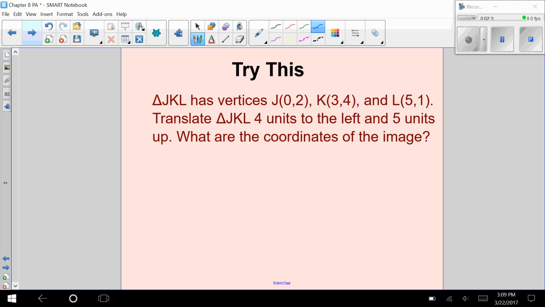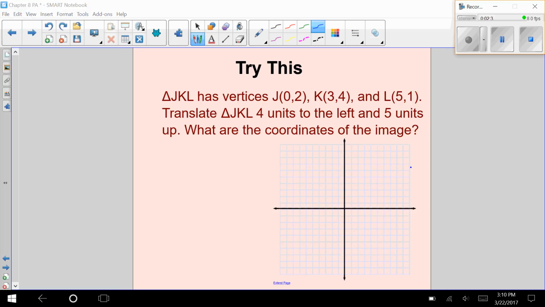Try this one. Triangle JKL has vertices (0, 2), (3, 4), and (5, 1). Translate it 4 units left and 5 units up and give the coordinates of the image. All right, I've got a very light colored graph here, but we've got (0, 2), (3, 4), and (5, 1).